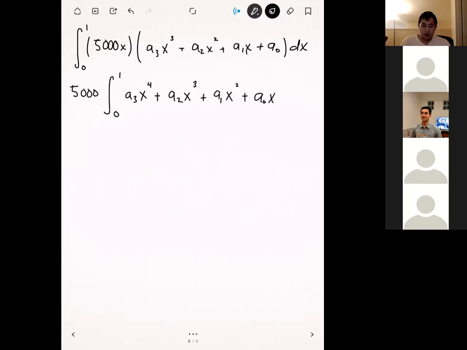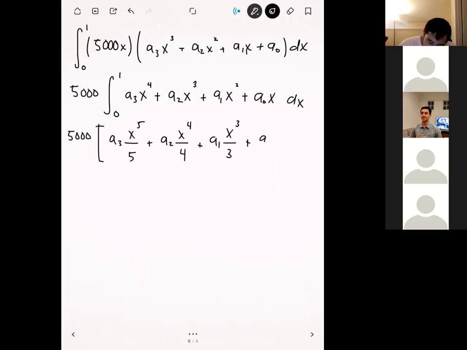If we distribute that x through, then we just have the following. Now let's perform the integration. We have a3 x to the 5th divided by 5, plus a2 x to the 4th divided by 4, plus a1 x cubed divided by 3, plus a0 x squared divided by 2, evaluated from 0 to 1.